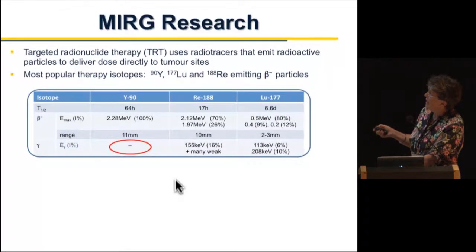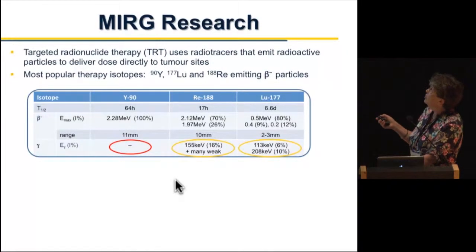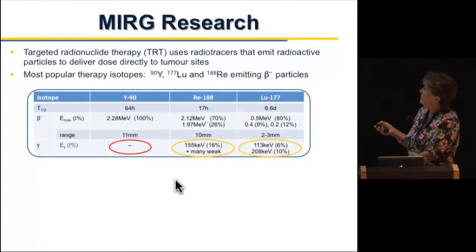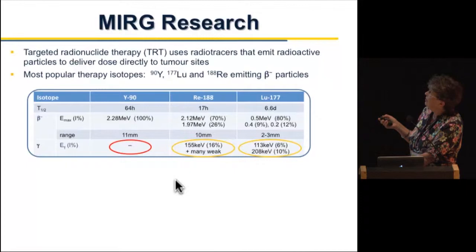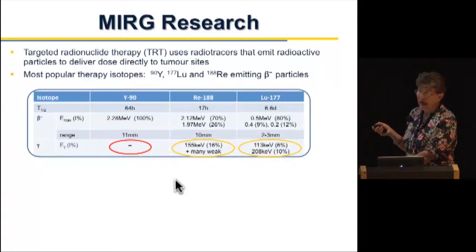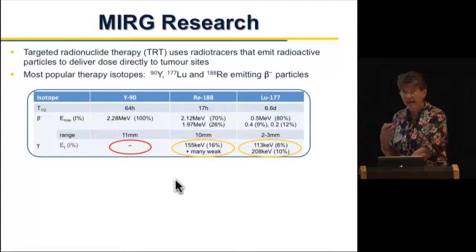Yttrium doesn't emit any gammas. Rhenium and lutetium emit gammas, but those gammas are not very strong, first of all. Then there's the question: if we have beta particles, how much Bremsstrahlung do we have? Will we see this spectra?